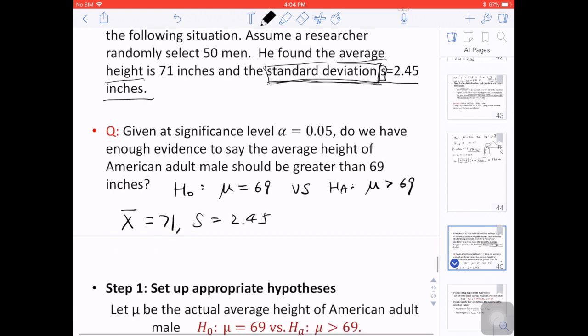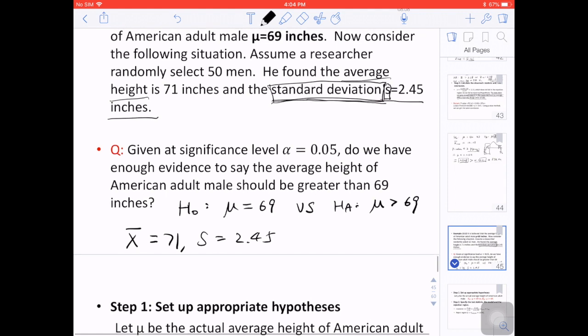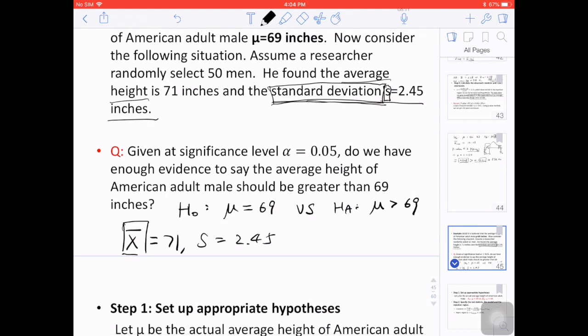Again, I'm going to use this x bar to construct a distribution, but in this case we cannot construct a z anymore because we do not know the population standard deviation. Remember, in chapter 9 we used the t distribution instead of z when the population variance or standard deviation is unknown.